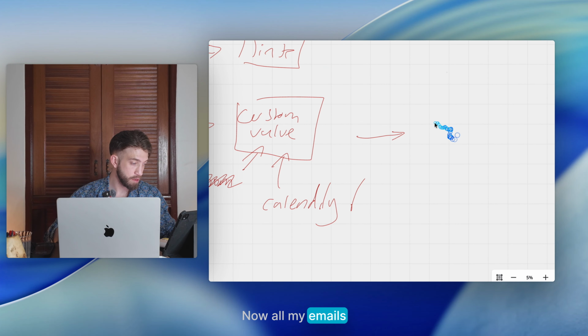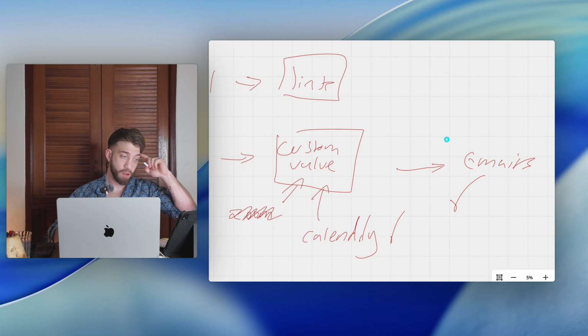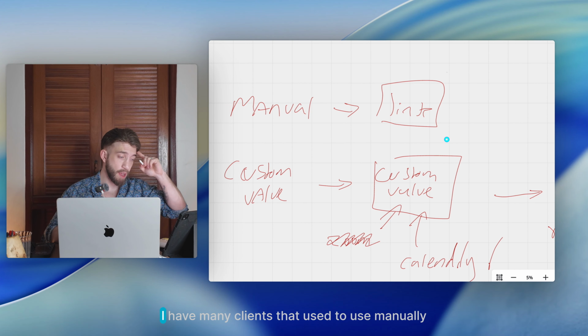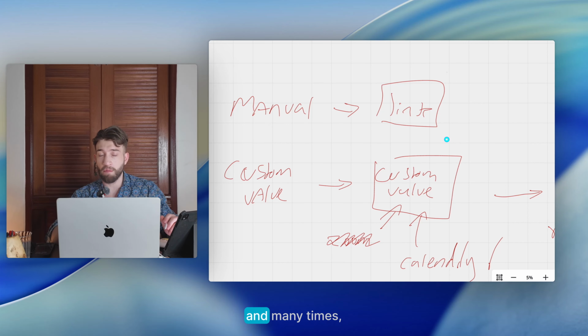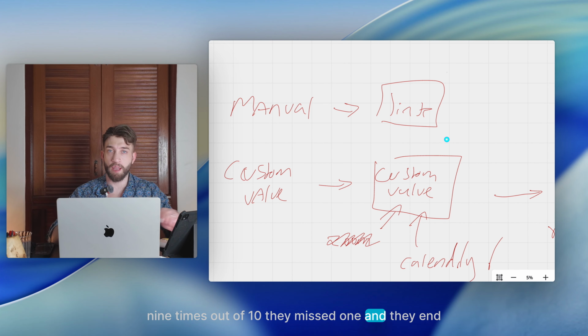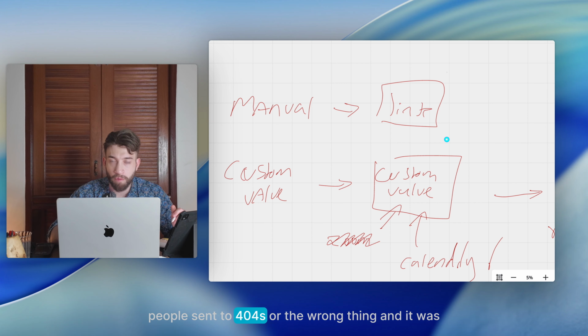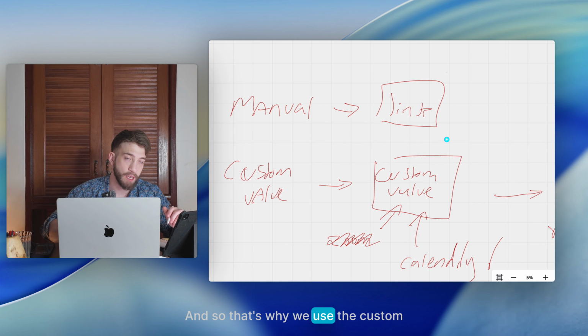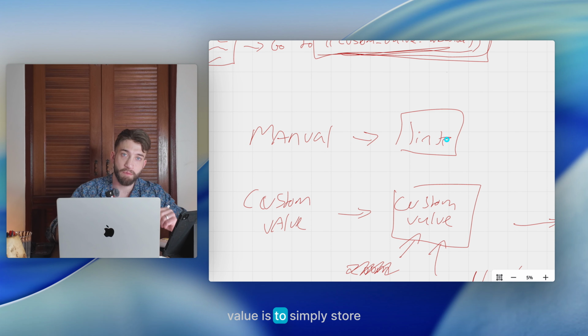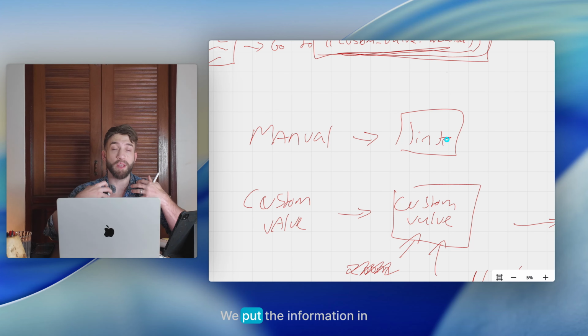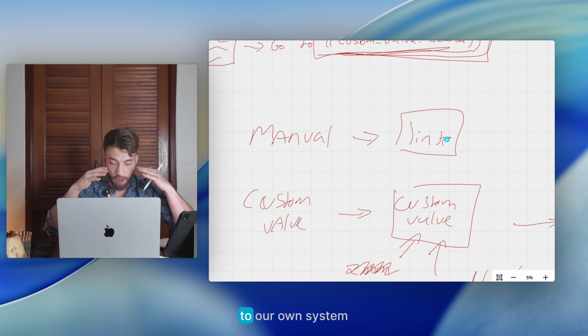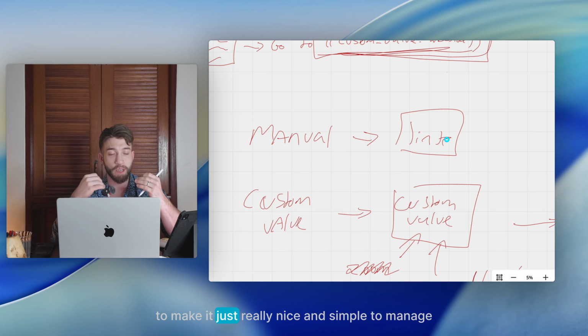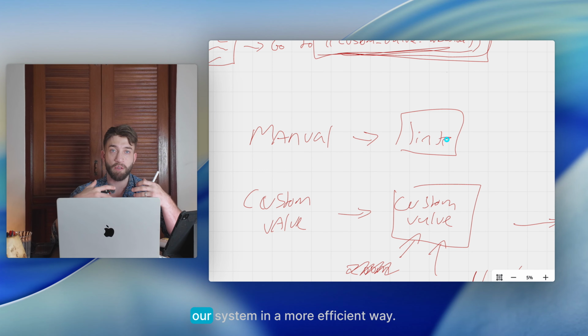Now all my emails have the right one. I have many clients that used to do it manually, and 9 times out of 10, they missed one and ended up having people sent to 404s or the wrong thing, and it was confusing. That's why we use the custom value, is to simply store the information in our own system to make it really nice and simple to manage our system in a more efficient way.